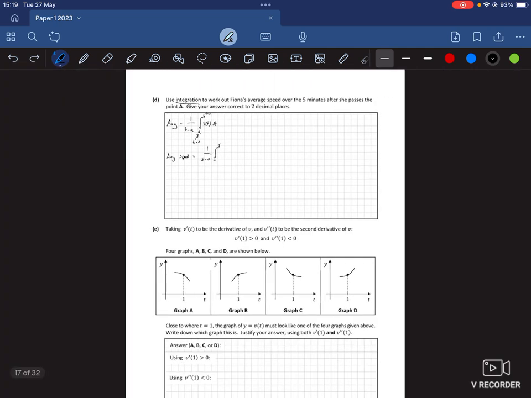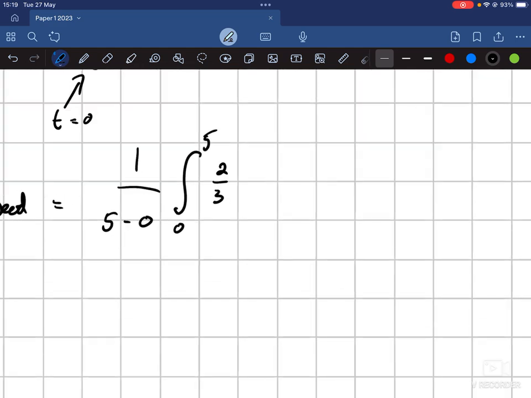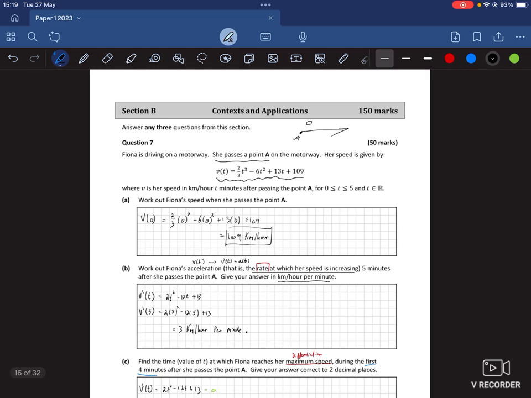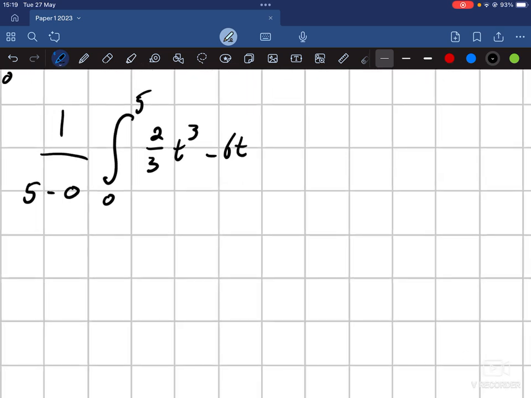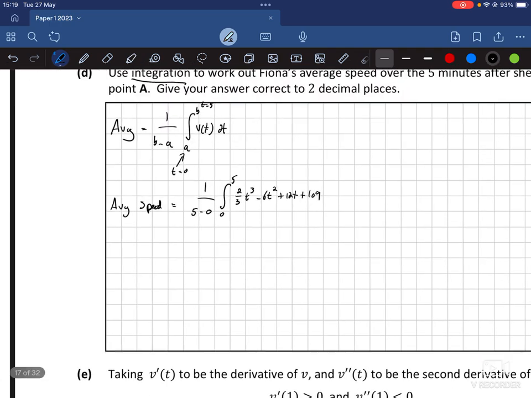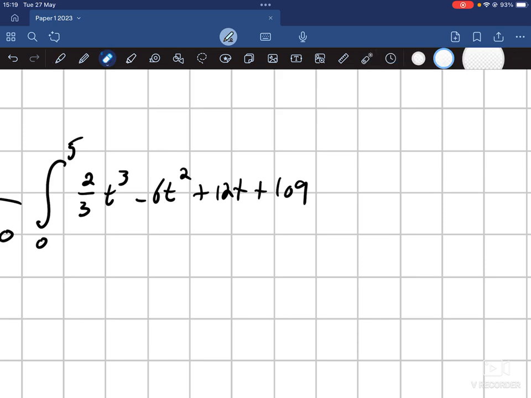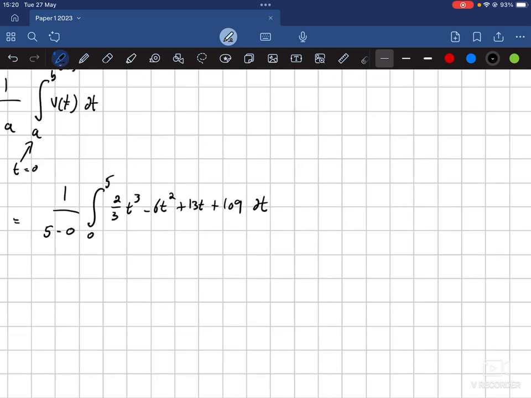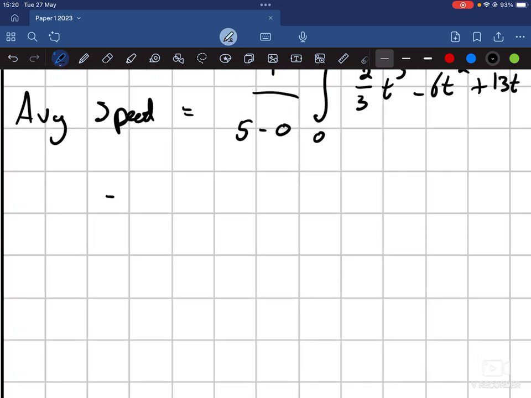So 2 over 3 t cubed minus 6t squared plus 12t plus 109, I think, plus 13t. Okay. Change that. Okay, and now all we do is just integrate this. So 1 over 5 minus 0, first of all, is just 1 over 5.